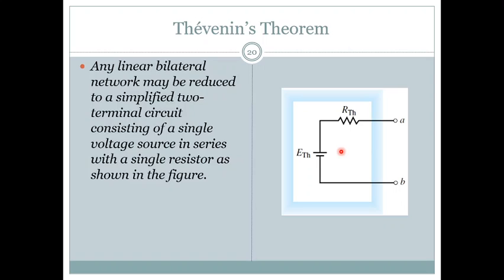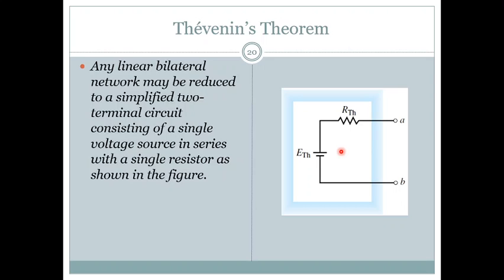So basically what we do is we model the entire circuit as a single practical voltage source that is referred to as the Thevenin's voltage source and the Thevenin's resistance. Any practical voltage source should have an internal resistance, so a voltage source in series with a resistor is actually a practical voltage source.